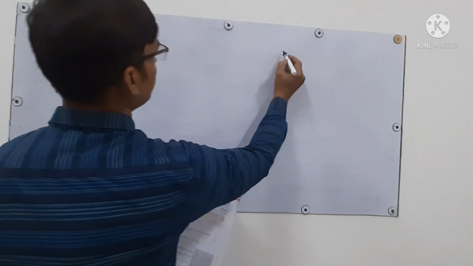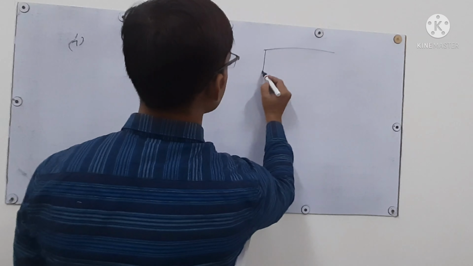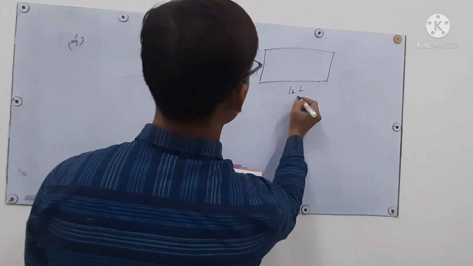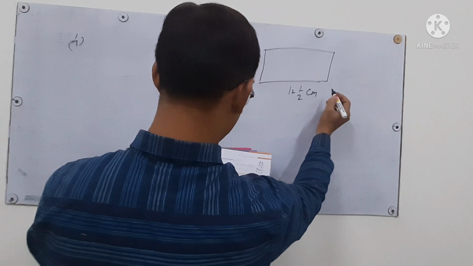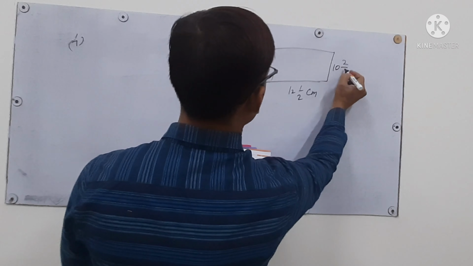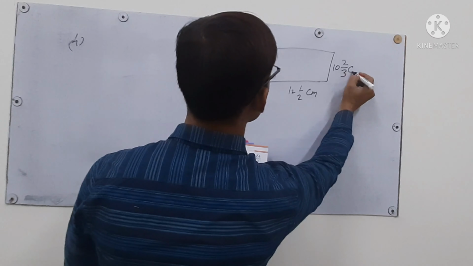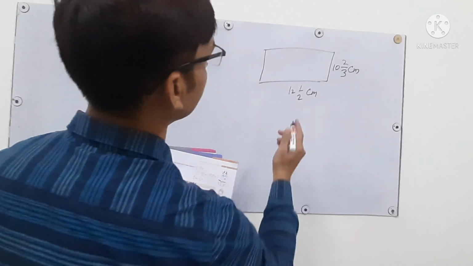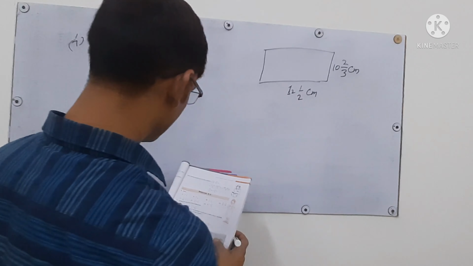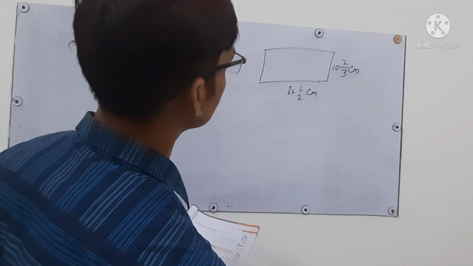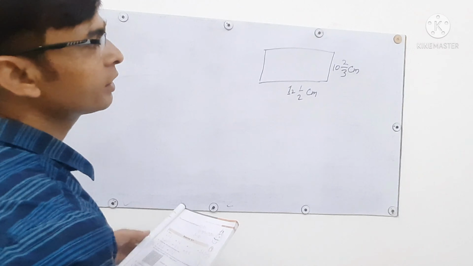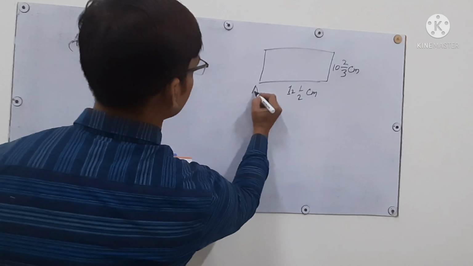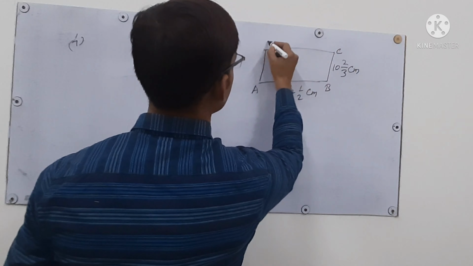This is question number 4, and here it is a rectangular sheet having length 12 1/2 centimeter and breadth 10 2/3 centimeter. So we will just name it ABCD.